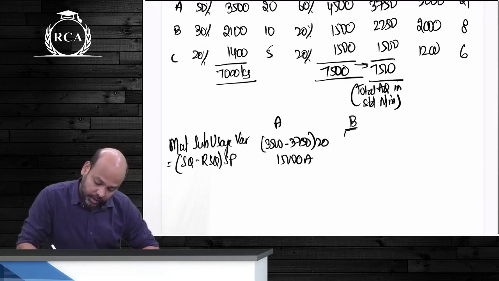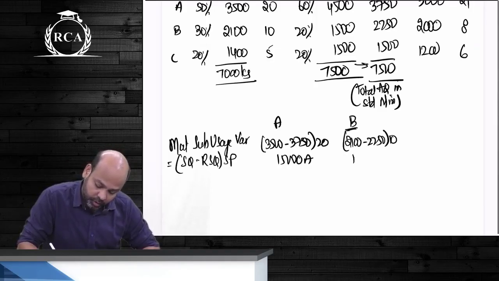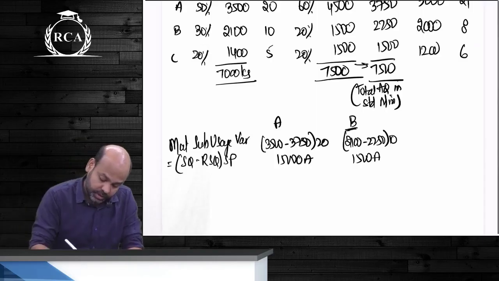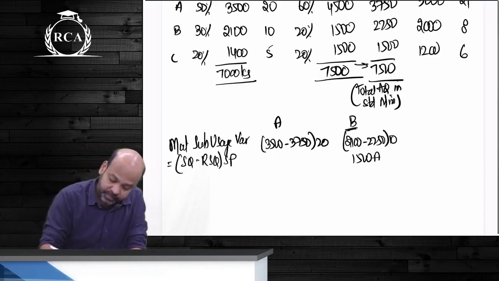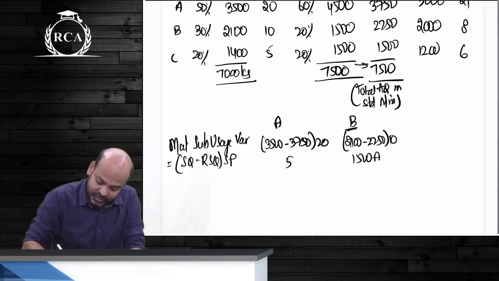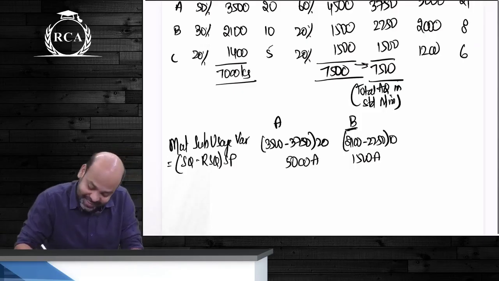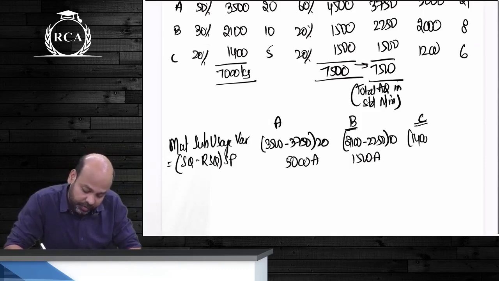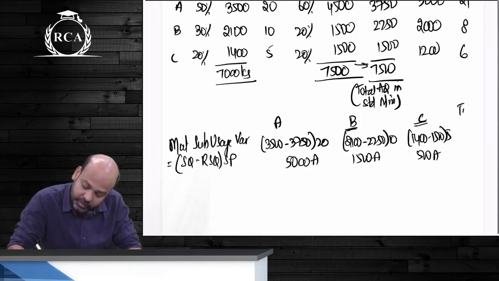For raw material B, it is 2,100 minus 2,250 into 10 rupees, 1,500 adverse. Is that 15,000? No, not 750, it is 250 into 20, 5,000 adverse. For raw material C, 1,400 minus 1,500 multiplied by 5 rupees, 500 adverse. Total 7,000 adverse.